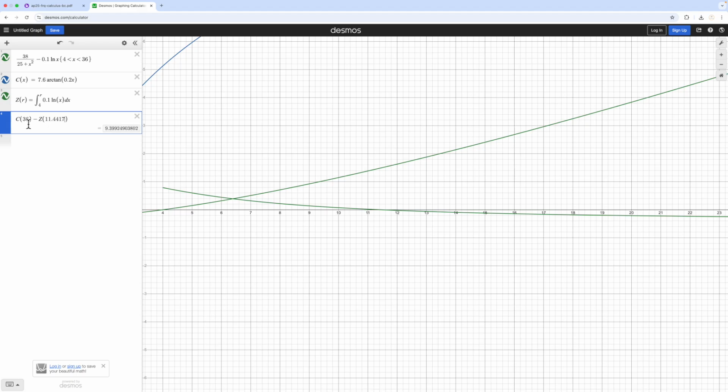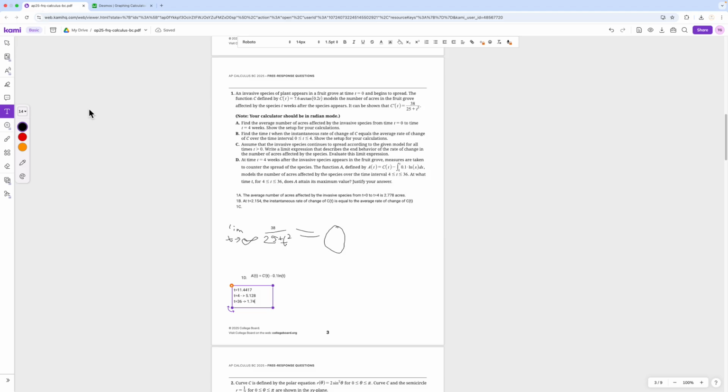That gives us 7.316. So as we can see, after testing our endpoints and the value at which the derivative equals 0, and this is the only such value in this interval, we've achieved a maximum value. So A must attain its maximum value at t equals 11.4417, and that maximum value is 7.316.